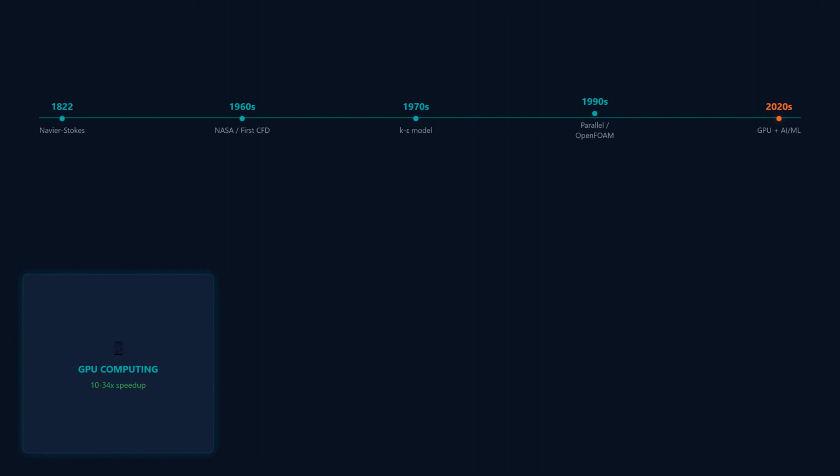CFD has come a long way from 1960s aerospace research. The software ecosystem spans commercial solvers like ANSYS Fluent and Star-CCM+, alongside open-source tools like OpenFOAM and SU2. But the real transformation is computational. GPU acceleration delivers 10 to 30 times the speedups.